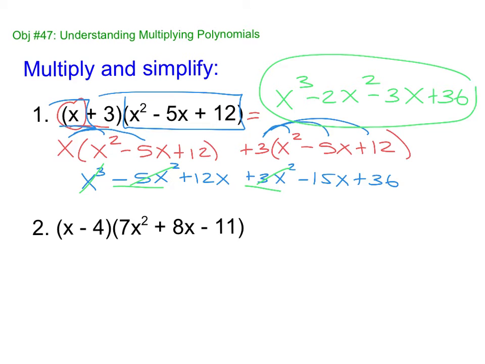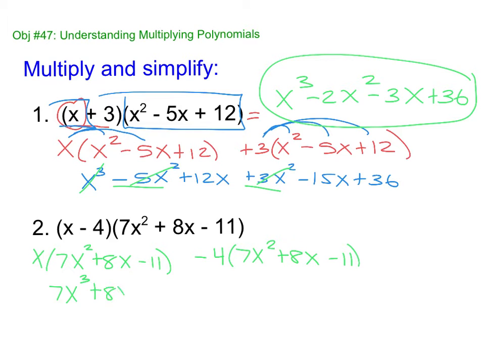And that's it. Right. So why don't you pause and try number 2 on your own. So again, we have our x times our second set of parentheses, and then our minus 4 times the second set of parentheses. So 7x cubed, 8x squared minus 11x minus 28x squared minus 32x plus 44.